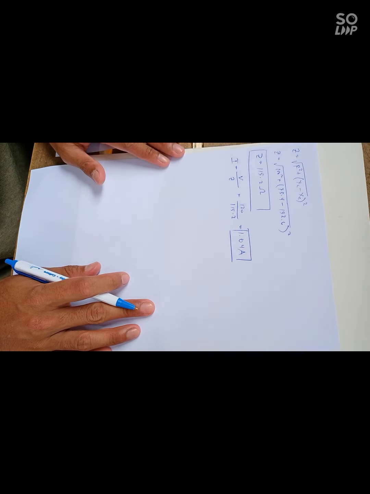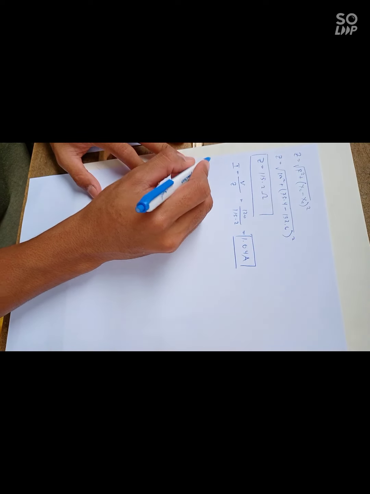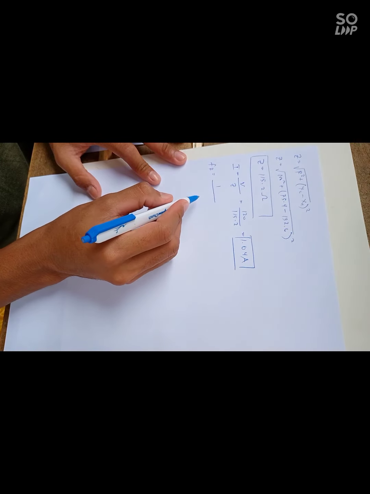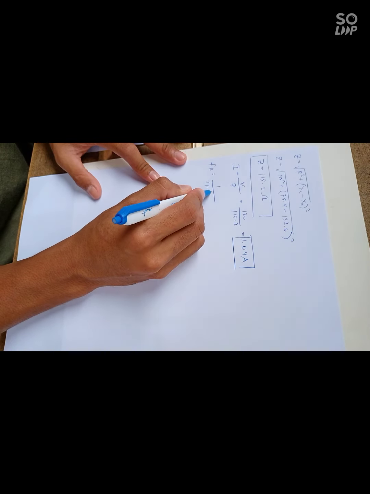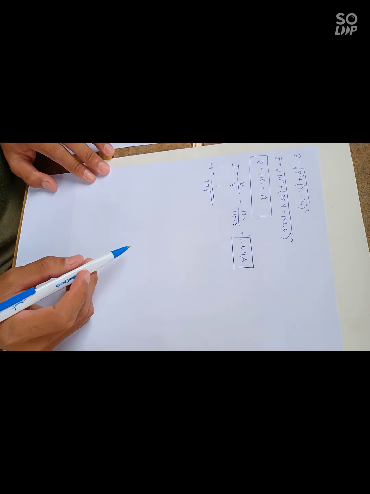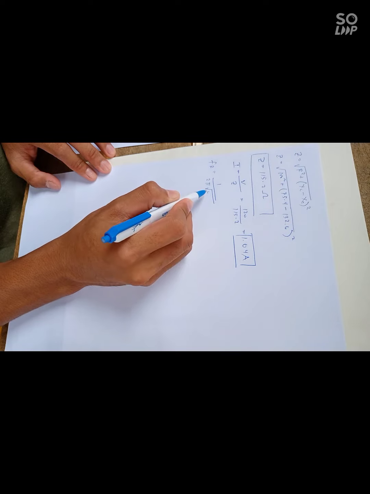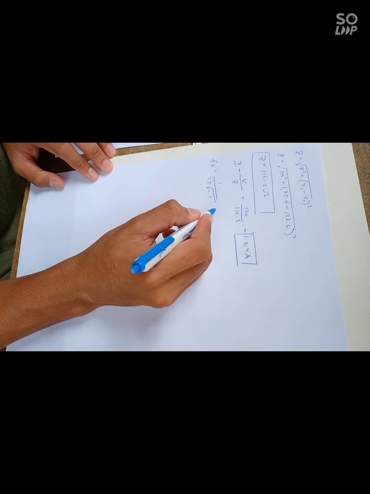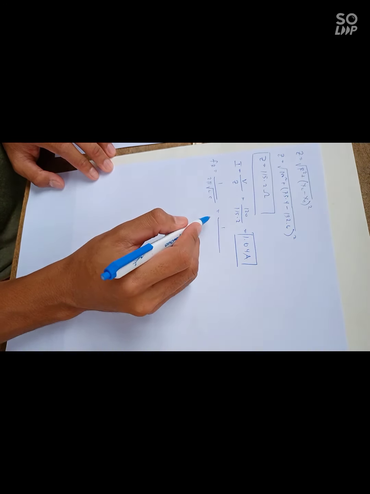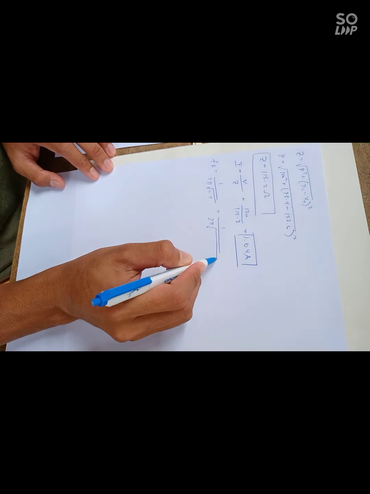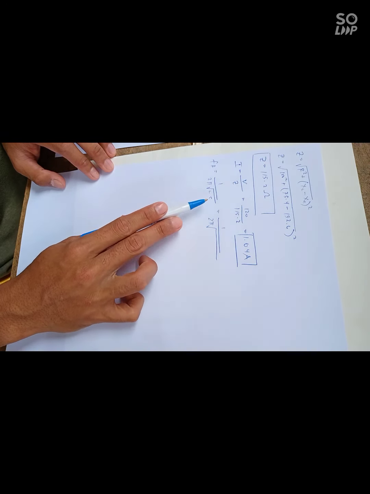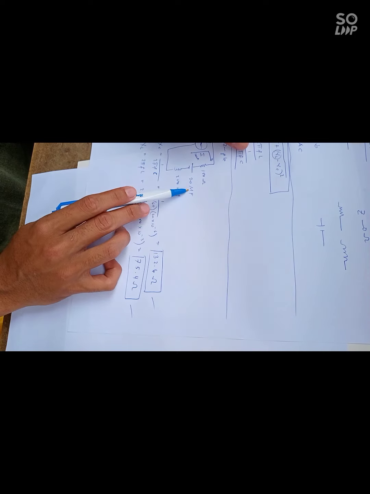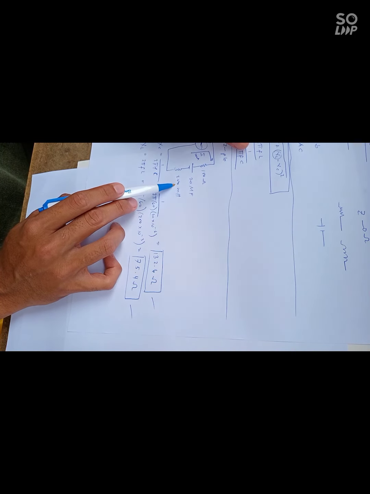And now let's compute the frequency. The formula of frequency is 1 over 2 pi times the square root of the inductor times the capacitor.